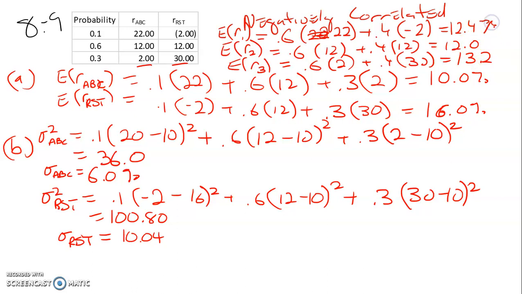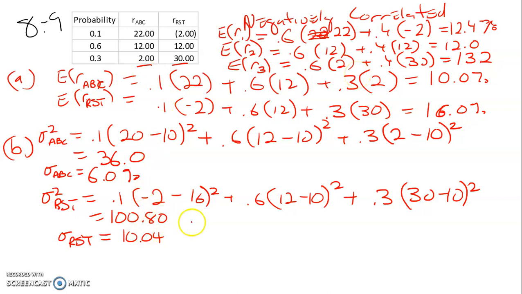If you look at these outcomes, they're very close to each other. There's very little change. So what we've done is, through diversification, because these two assets are negatively correlated, we've reduced the volatility of our portfolio.